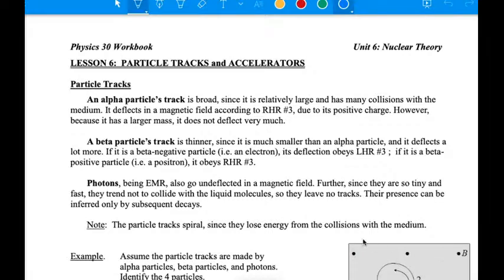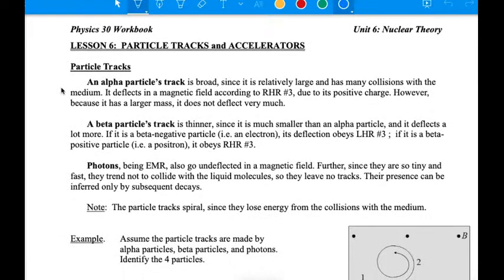We're looking at particle tracks and accelerators, and mostly bringing some pieces together from way back in Unit 3, and then our newer stuff from Unit 6, and just combining everything into a nice cohesive package.